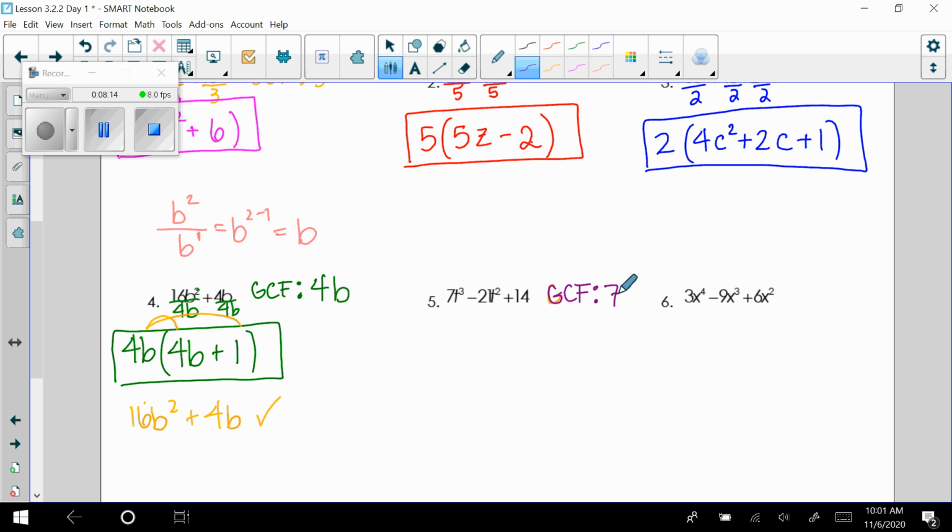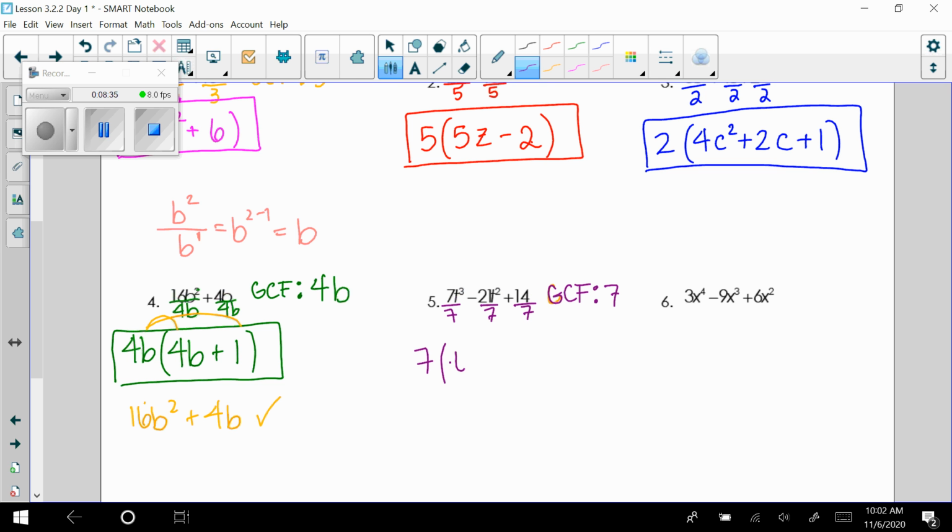As far as the variable goes, unfortunately, we're not going to be able to take out any sort of variable because 14 doesn't have any t with it. So there's no way I could take a t out because 14 doesn't even have 1 to give up. So our GCF is just going to be 7, and we can divide each term by 7.